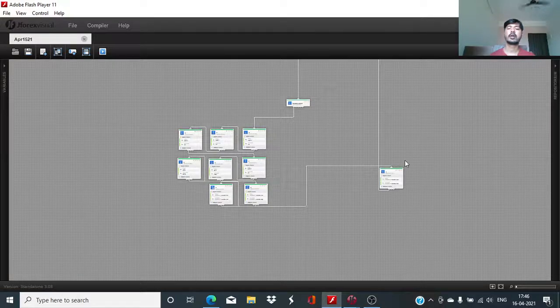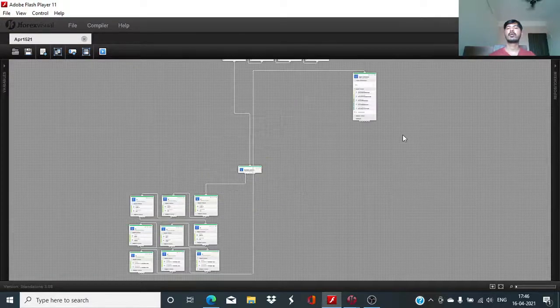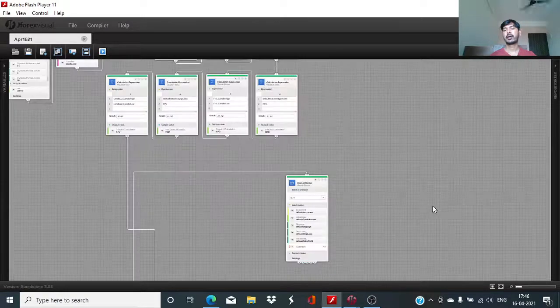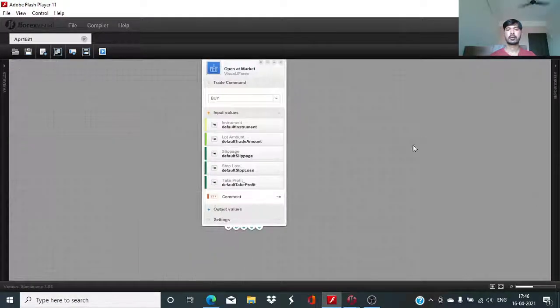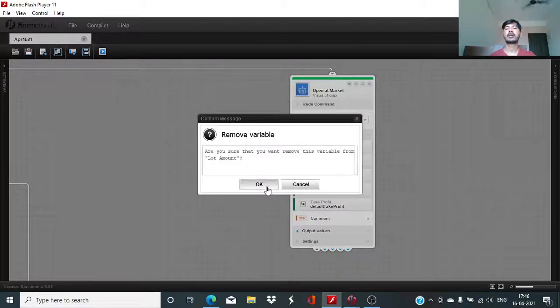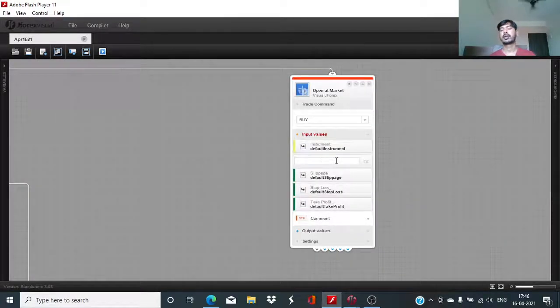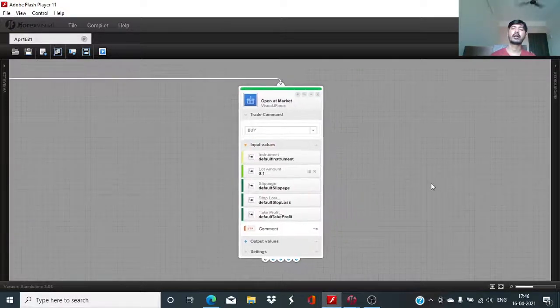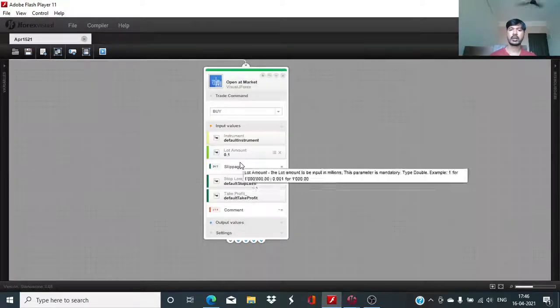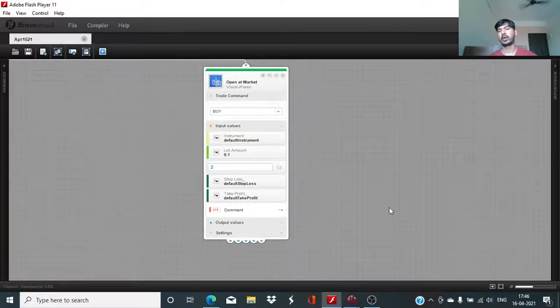So all in all we are using 9 conditions which need to be fulfilled for the execution of the trade, and after that these parameters need to be defined. Here for example I am keeping it simple at 0.1 million. Default slippage, I think 2 pips should be good enough.